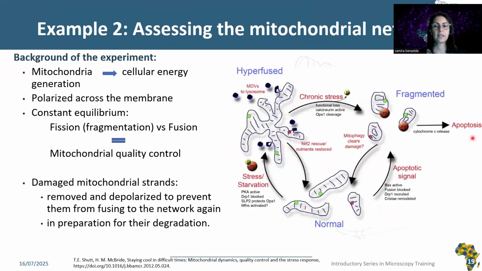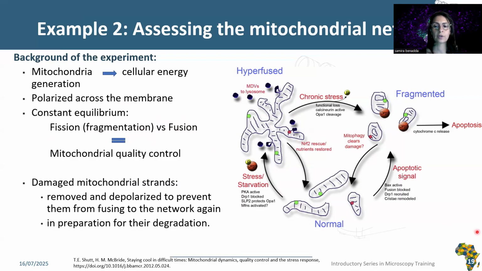The second example of shape is about mitochondrial networks. Mitochondria are responsible for energy generation in the cell and are polarized across the membrane to allow electron transfer. The healthy mitochondrial network is in constant equilibrium, with fission, fragmentation, happening in some parts versus fusion in other parts.